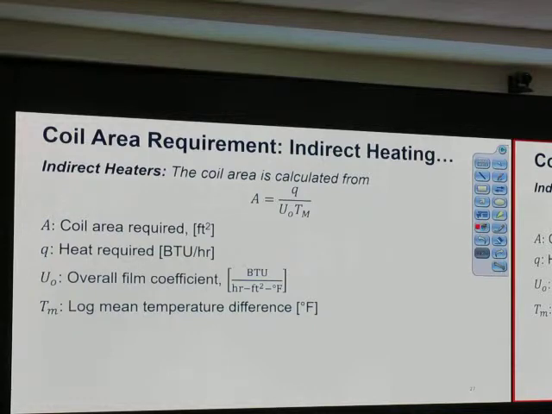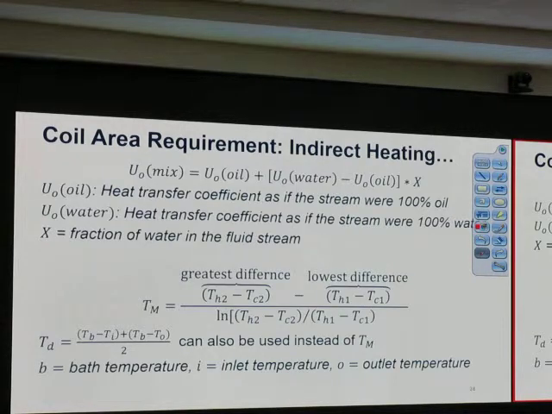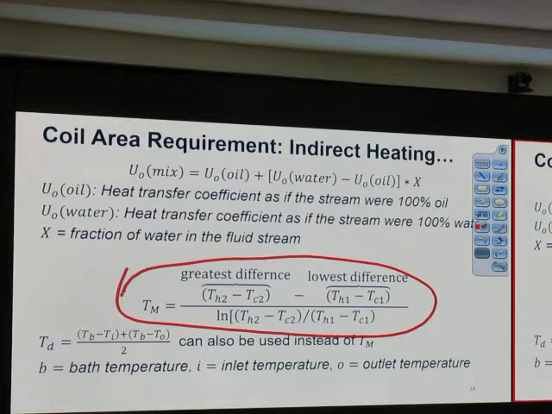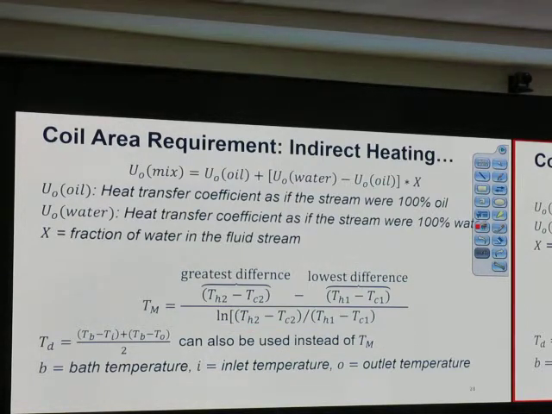Okay? T sub M is the log mean temperature. You need to write that formula down for the log mean temperature calculation because that is used in the line heater already. So for this part, when we have indirect heating, which normally we don't, we use the log mean temperature difference from that, and the U value from another chart.